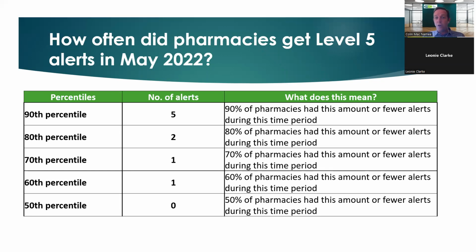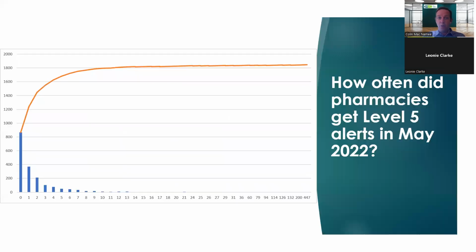They got 1 alert through the month, 70th percentile 1, 80th percentile 2, and in the 90th percentile, so 90% of pharmacies got 5 or fewer alerts during the month of May, which is essentially just over 1 a week as the max. So on that basis, and certainly our experience is telling us that when the procedures are stuck to and there's well executed SOPs within the pharmacy, the alerts are actually very, very low.